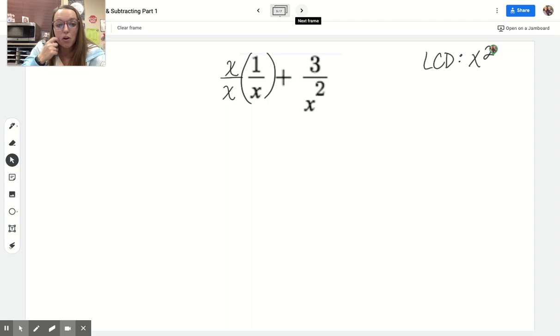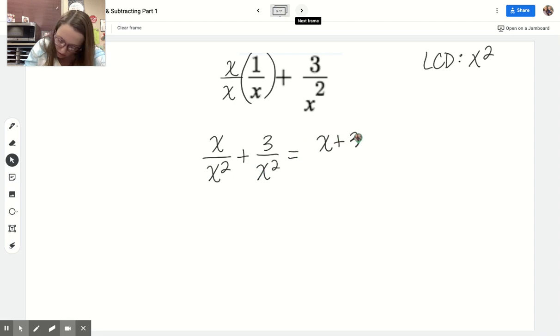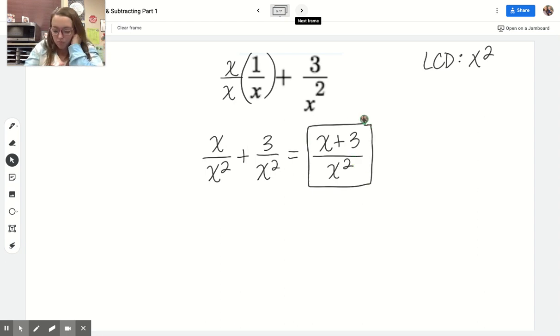So I don't need to multiply the second fraction by anything. The first fraction, I'm going to get x over x squared. Second fraction is 3 over x squared. And now that the denominators are the same, I can add the numerators together and keep the denominator. x and 3 are not like terms, so I'm done.